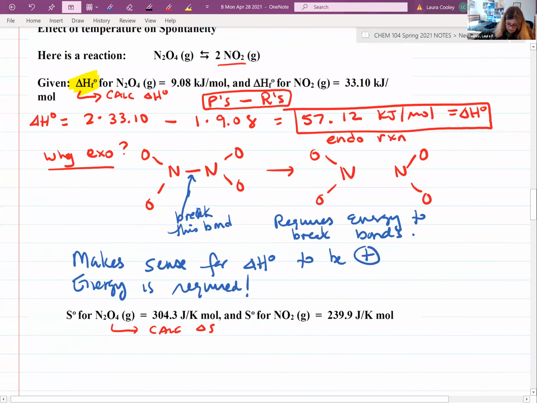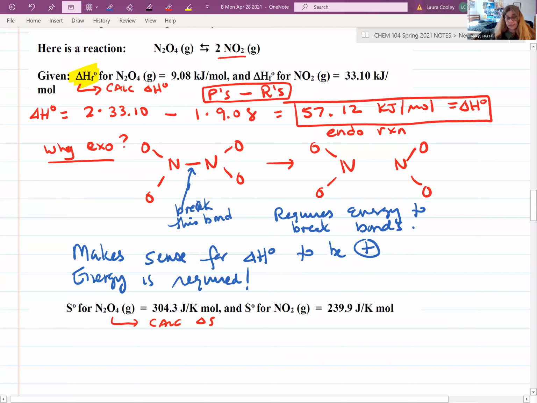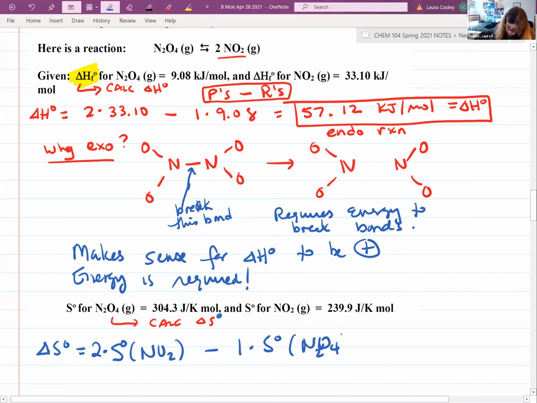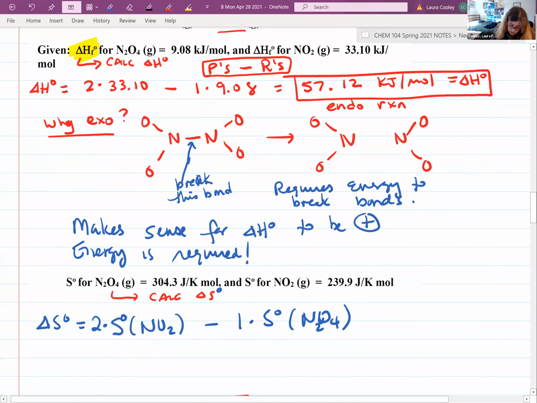Okay, so now let's calculate the delta S0. So we have 2 times the S0 of NO2 minus 1 times the S0 of N2O4. So using those numbers that were given here, 2 times 239.9 minus 1 times 304.3.